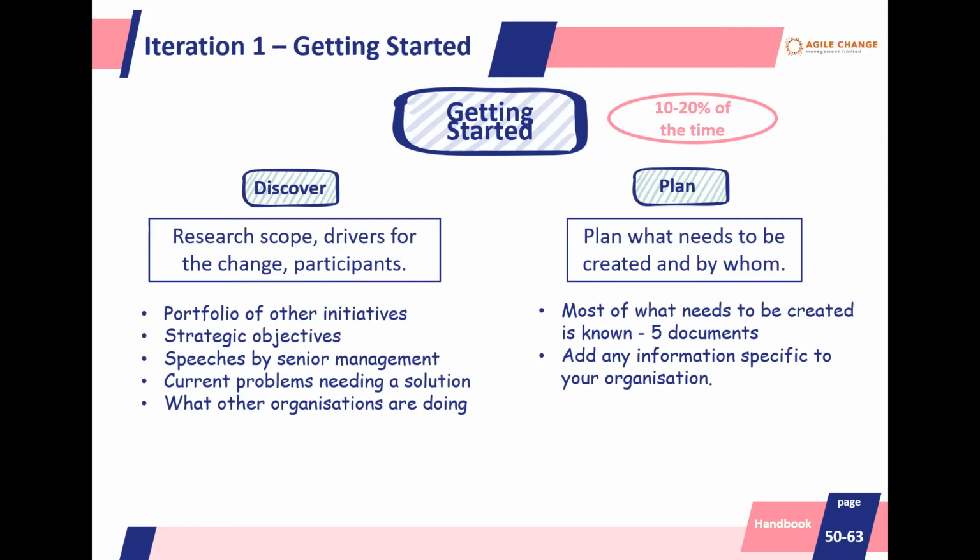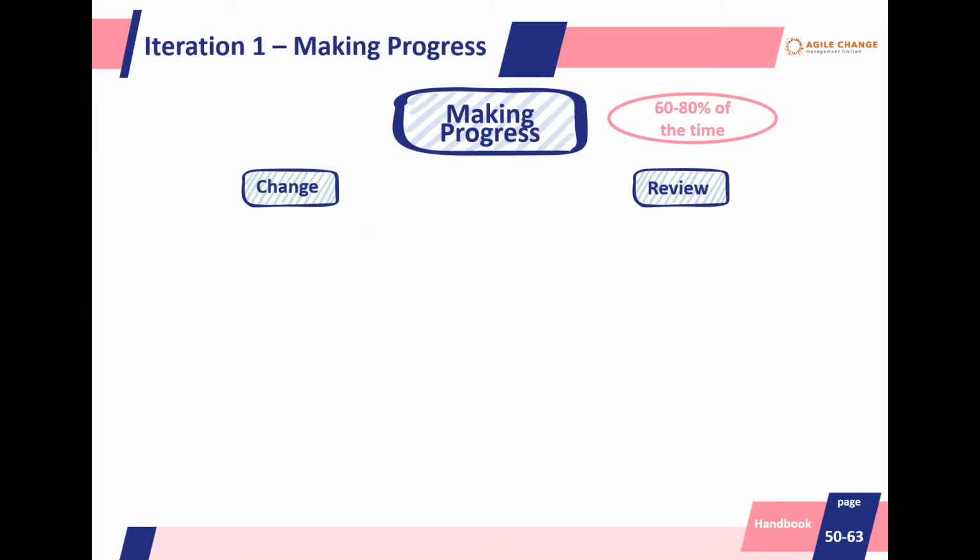In this course, I've suggested 5 documents or 5 pieces of collateral, if you like, that are generic. They are relevant for any kind of change. So we already know what iteration 1 is going to produce. So what we need to think about is, do we need to add anything else to that? And we need to think about who's going to be doing it, so that we can then get on to the second process of iteration 1, which is we actually make progress.